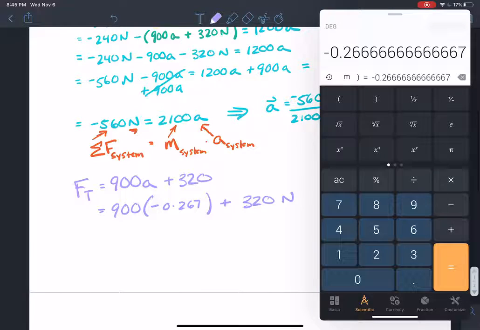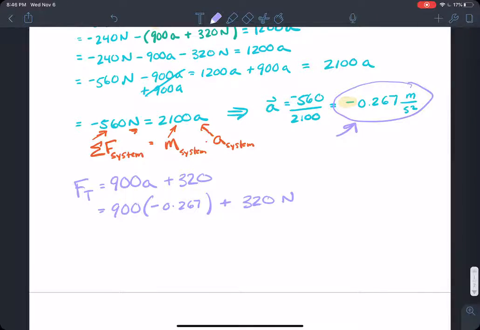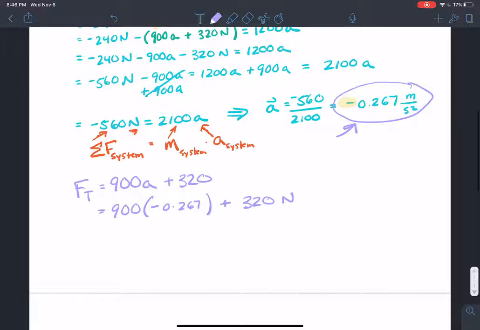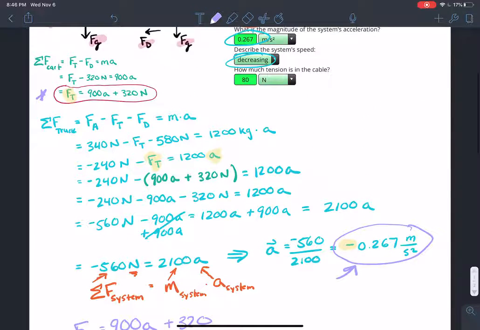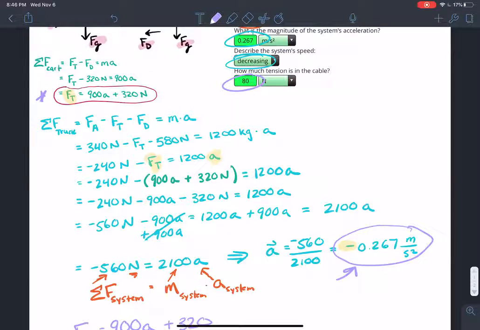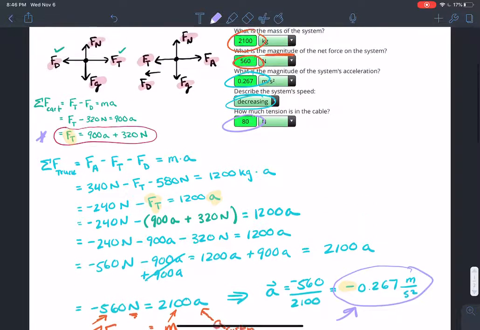Take our calculator, we've already got the acceleration stored. Times 900 gives me negative 240, plus 320 gives me 80 newtons of force. I don't know why my calculator went into scientific mode, but we see how much tension is in the cable. Sure enough, that's 80 newtons.